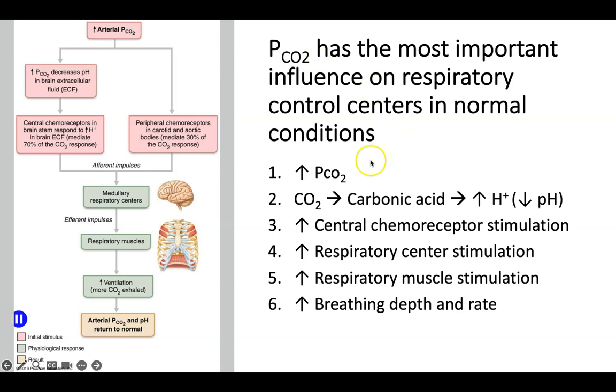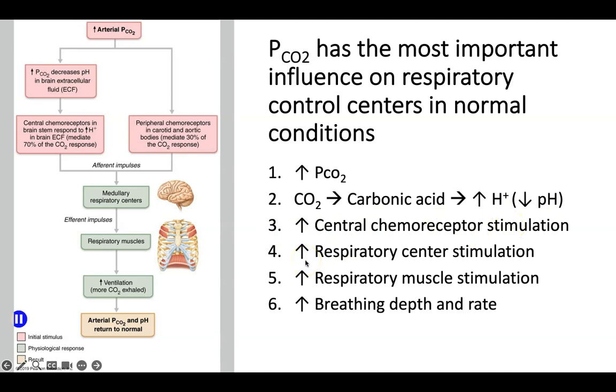Under those normal conditions, you can follow this flow chart, and I'll just summarize it here on the right. As carbon dioxide increases in your blood, that carbon dioxide is going to get converted to bicarbonate, but also as carbon dioxide increases, you'll also see an increase in protons, so a decrease in pH. That increase in protons is going to stimulate central chemoreceptors.